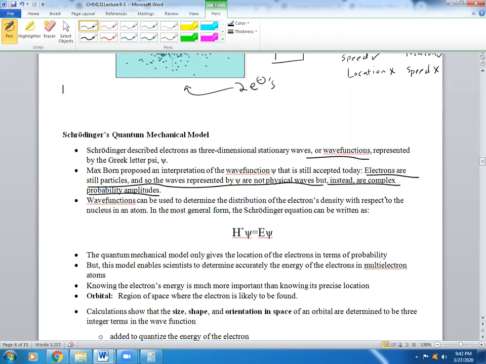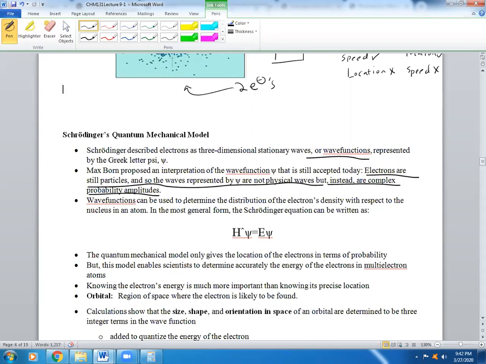And based on its energy, I can say it's likely to be in this region of space. So again, instead of saying where it's exactly at, I'm just going to say probabilistically, it's going to be in this region of space. Of course, using advanced mathematics, but we don't need to worry about the mathematics.